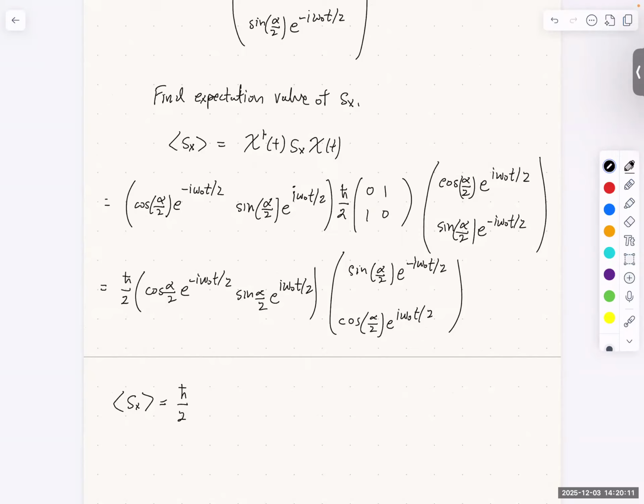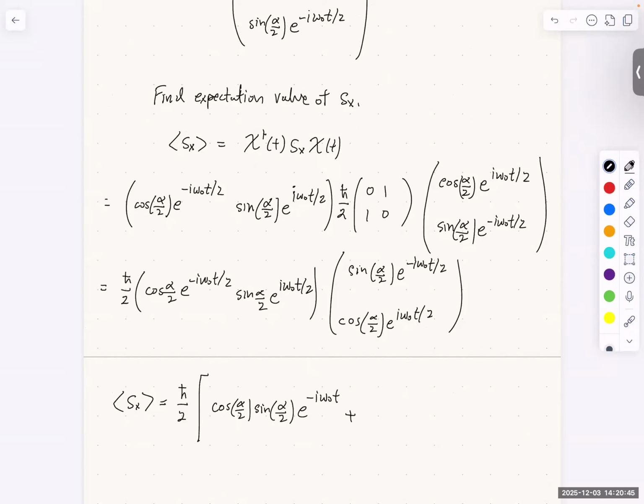So we'll have a cos alpha by 2 times sine alpha by 2. And let's see, the exponentials are not going to cancel. So we're going to end up with an e to the minus i omega naught t. It's not t by 2 because we get these two factors that we have to add up, and that eliminates that 1/2. All right. And then we'll get a plus.